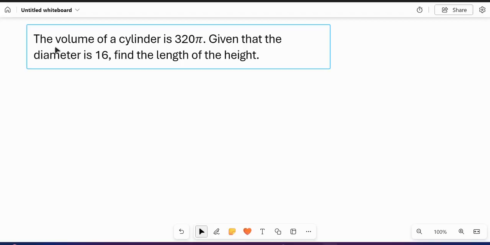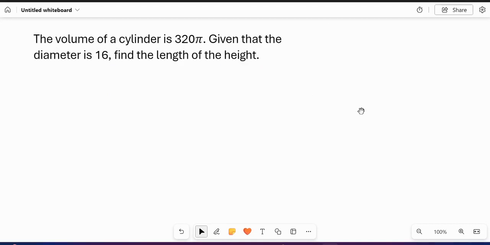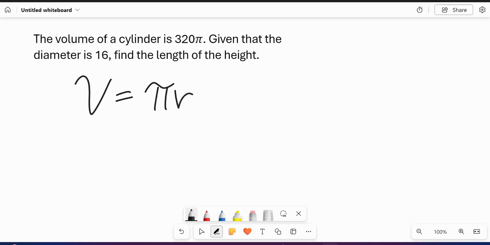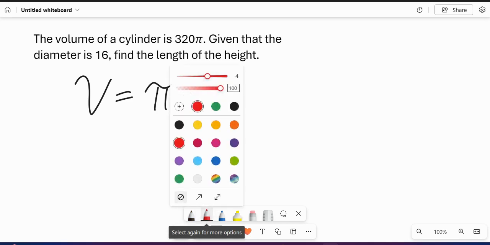Now in this problem, it says the volume of a cylinder is 320 pi. Given that the diameter is 16, find the length of the height. All right, so again, we're going to go back to our volume of a cylinder formula, which is pi r squared h. Now this time, the volume is 320, right?